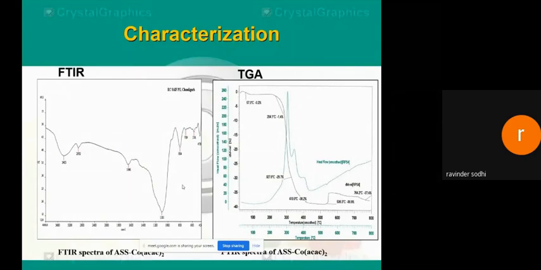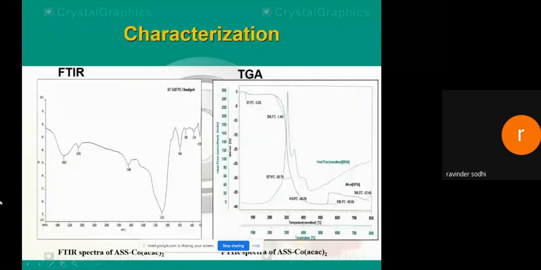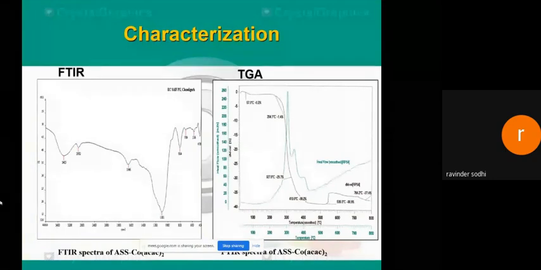First is the FTIR of the catalyst. The FTIR spectra showed a band in the region of 3700 to 3200 centimeter inverse, which was assigned to the surface OH groups. After the functionalization with aminopropyl trimethoxysilane, some slight changes were observed in the spectrum, and new bands appeared at 2932, which were due to the CH2 stretching vibration of the propyl group.